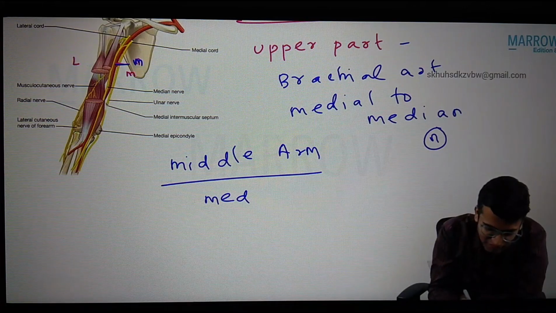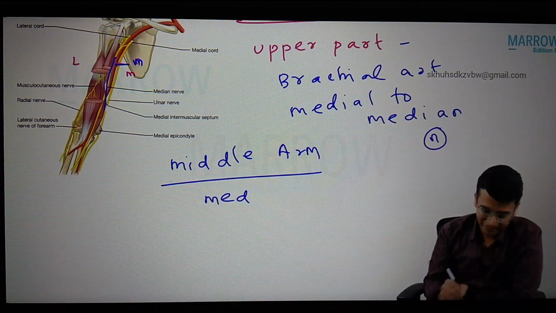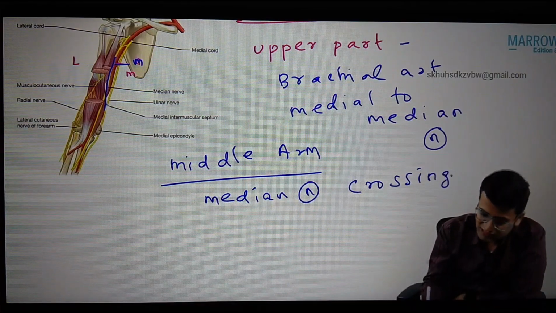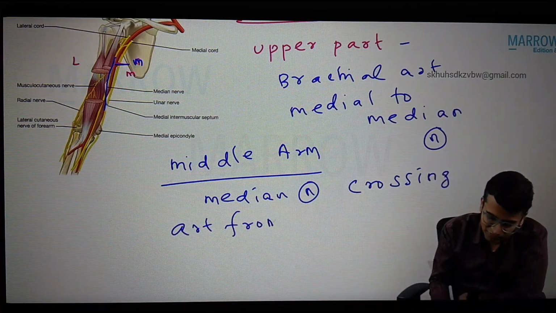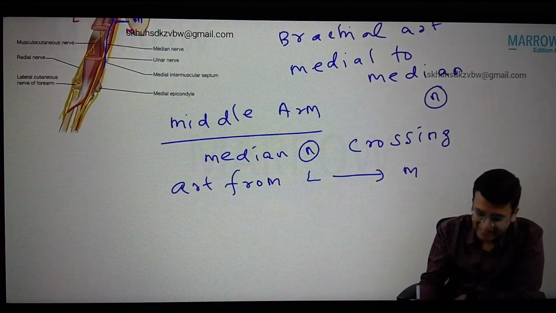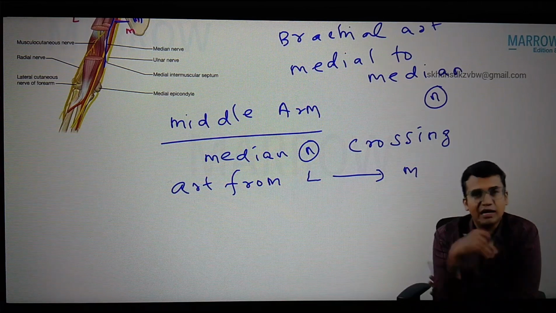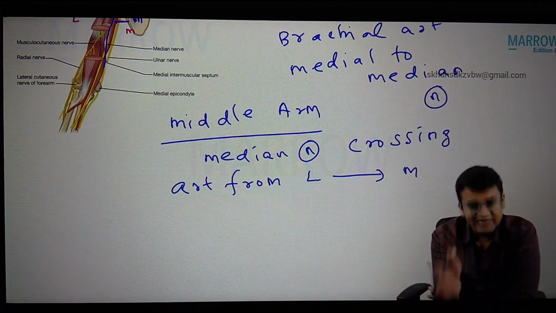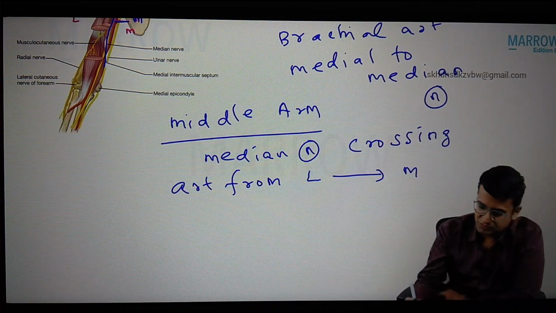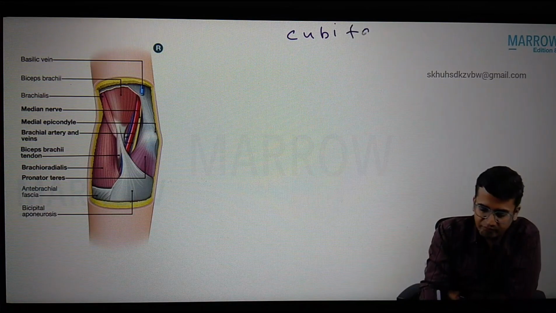So in the lower part of the arm and below that, in the cubital fossa, the median nerve is the most medial structure. After the arm, we have the cubital fossa.